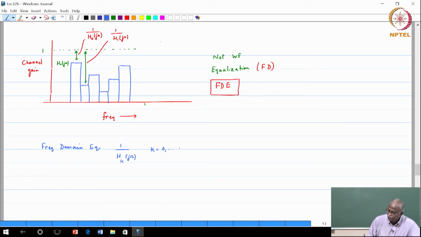There are N subchannels, and I am going to equalize them in this fashion. It is referred to as a single tap FDE, because each channel gets only one tap. You do not have to have a filter.